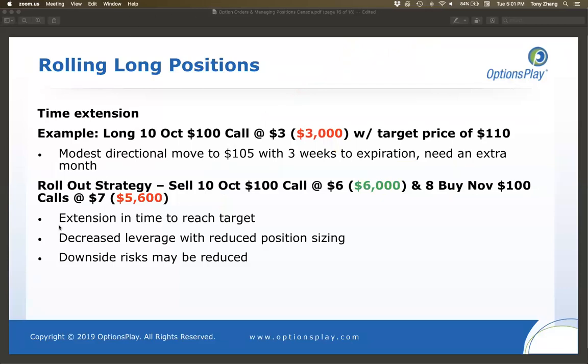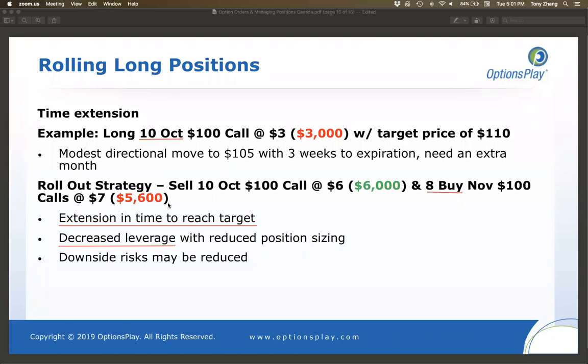So now, moving from October all the way out to November, the only downside is you've decreased your leverage, because originally you owned 10 contracts, now you only own 8. But you were effectively able to buy yourself an extension without risking any more money, and you actually reduce your risk a little because you collected $6,000 on the October calls and only spent $5,600 to buy the November calls.